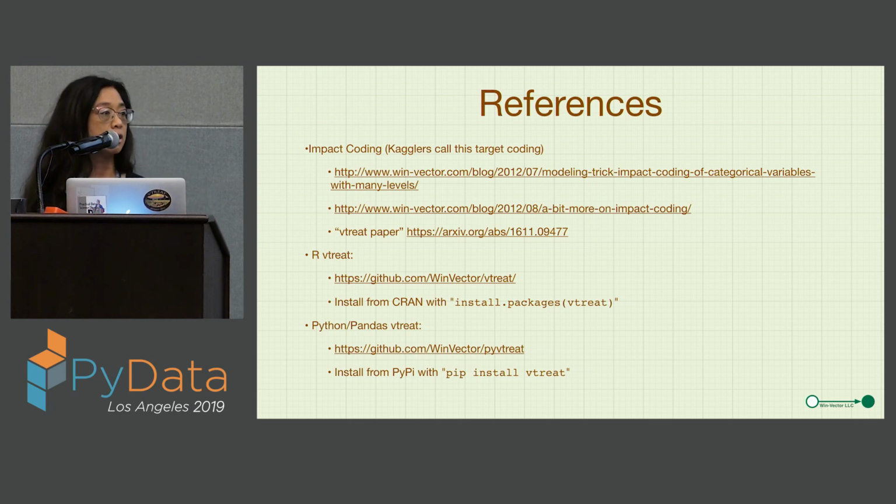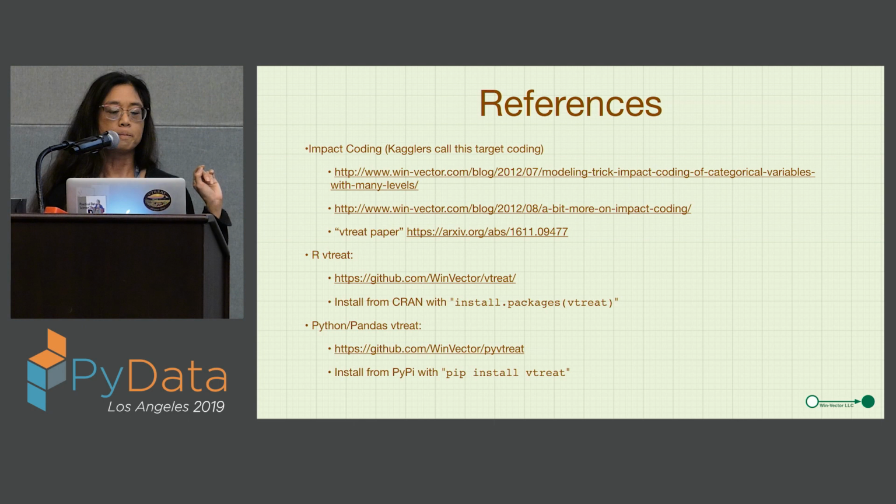References. We will post these slides to the WinVector blog, so you'll have all these URLs. We have a couple of old blog articles on the ideas behind impact coding, so you can read about it in more detail than I've talked about today. We also have a paper on archive.org that discusses all of the ideas we've talked about today, and probably a few more, in more detail if you're interested in the guts of what vtreat does.